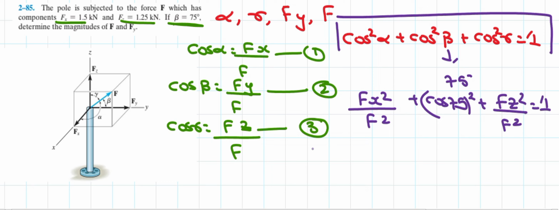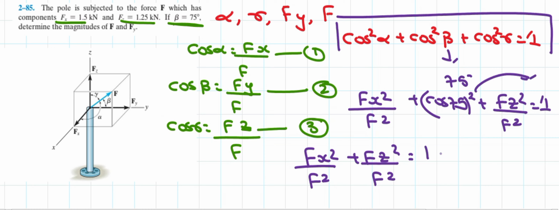So Fx square upon F square plus Fz square upon F square; shift cos 75 square to the opposite side so that it becomes 1 minus cos 75 degree whole square.